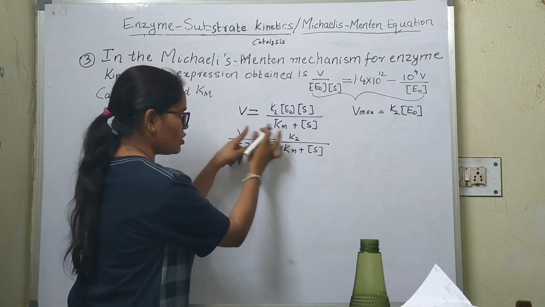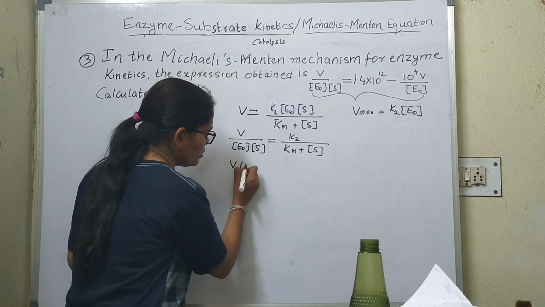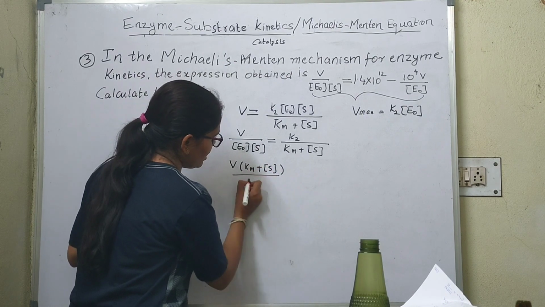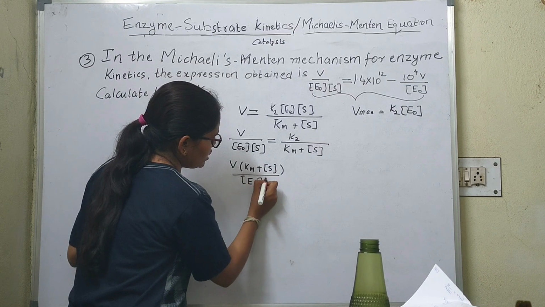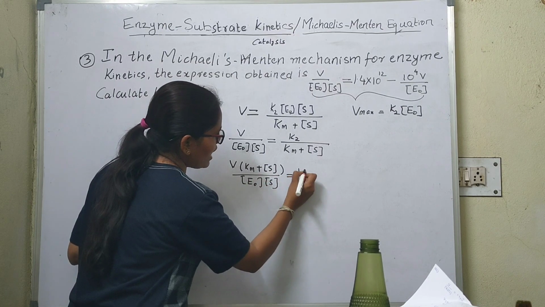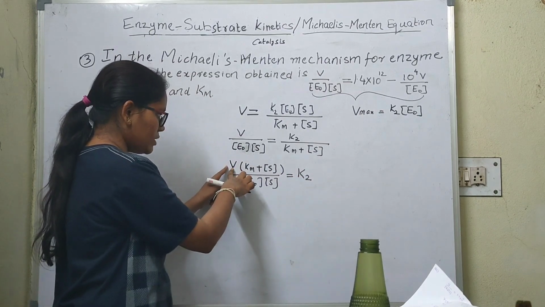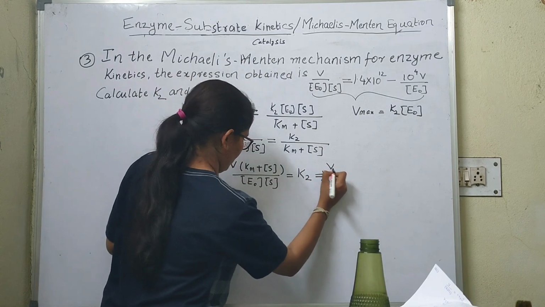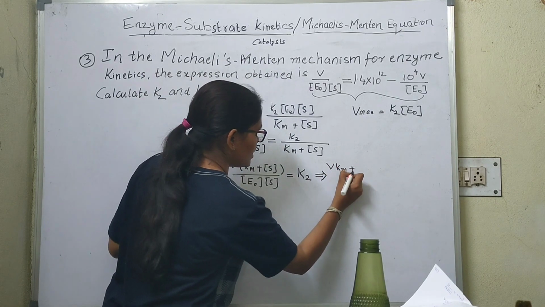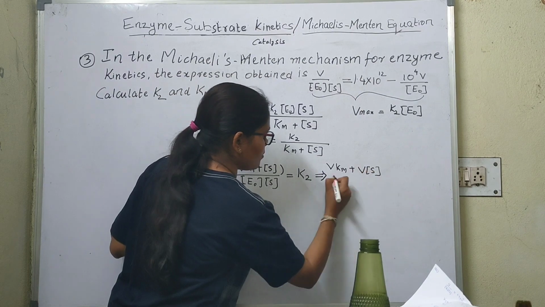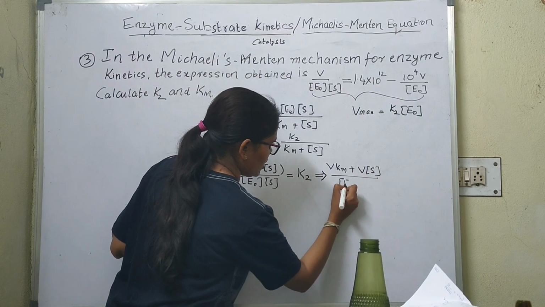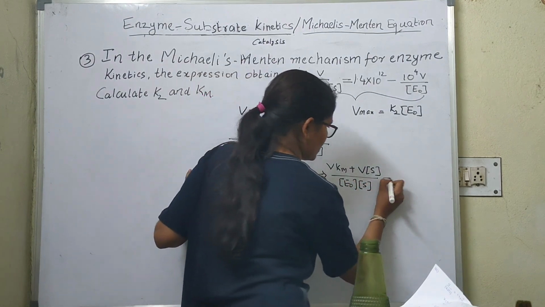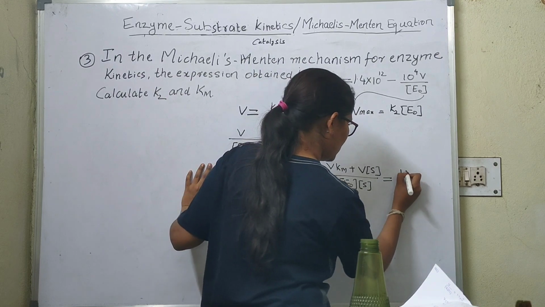So I'll take this term on the left hand side. So it becomes V into Km plus S by E naught into S. So here I will have only K2. So I'll multiply this V with the terms inside this. So I will get V into Km plus V into S by E naught into S, so that will be equal to K2.